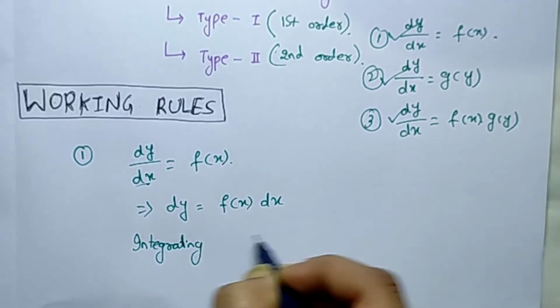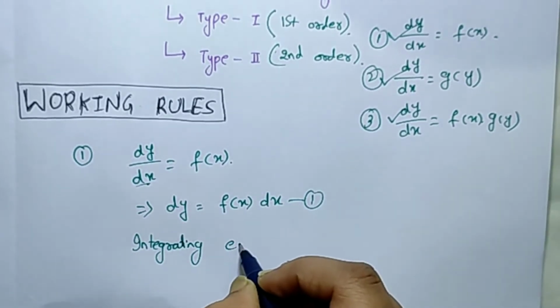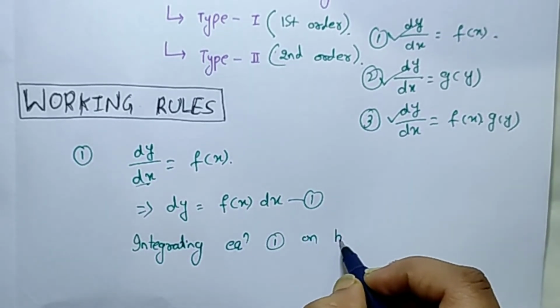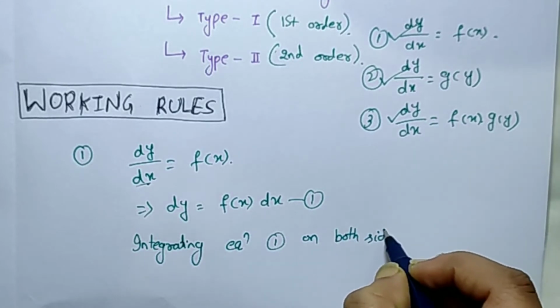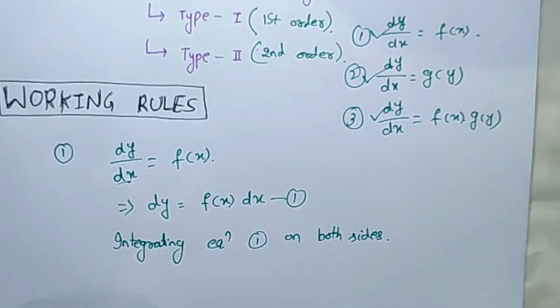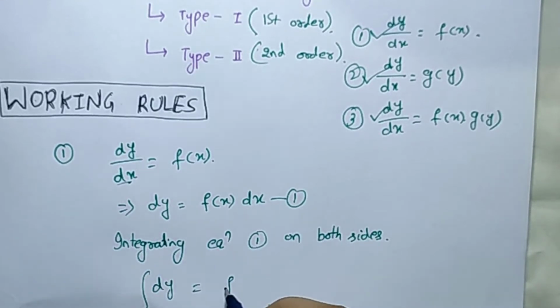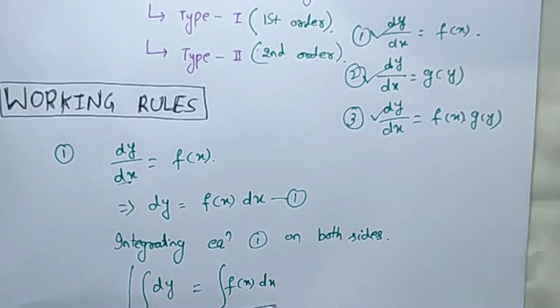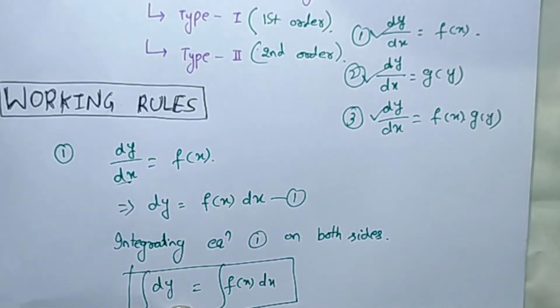Suppose this is equation 1. Integrating on both sides, what we have got now is integrating dy and integrating f of x dx. This is the first method. By integrating this equation, we can find the solution to this differential equation.